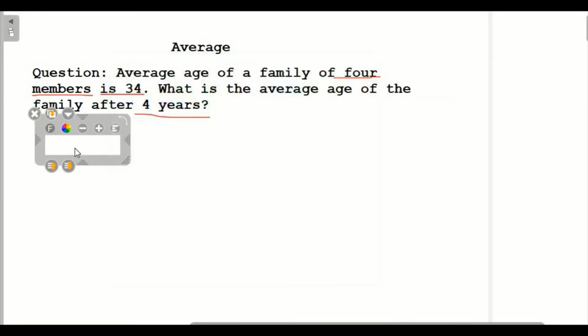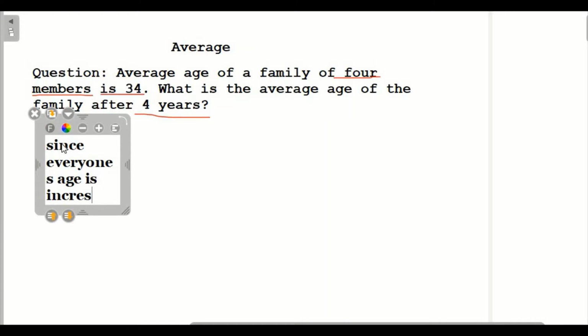Since everyone's age is increased, here everyone's age is increased by 4 years.